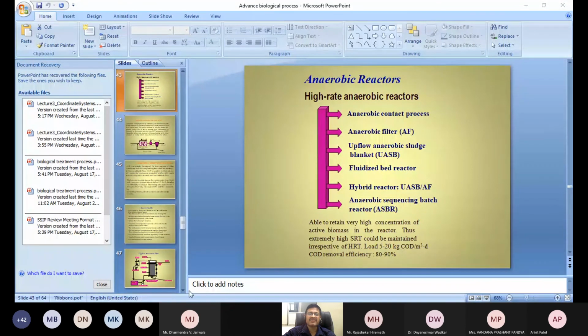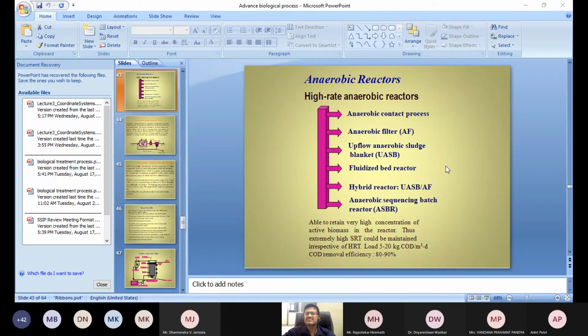And this is the anaerobic baffled reactor, where the wastewater is going like this, and there is a baffle here. And you see the sludge is there at the bottom. So the waste is going like this. This is a very simple system we can have. So I think I will stop here, and if any questions are there, we will discuss some of them.